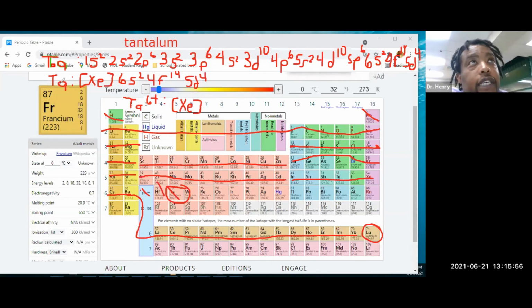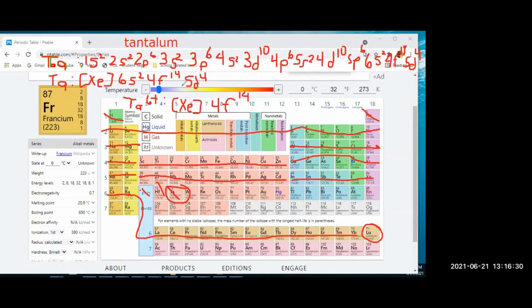I'm going to be taking them away from 6s and the 5d. So then I'll just have 4f14 left. Because we're always going to take away from the outer shells, which are the higher numbers. Okay? Simple?